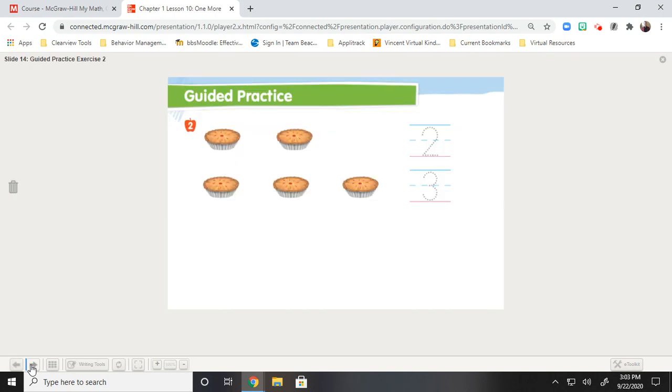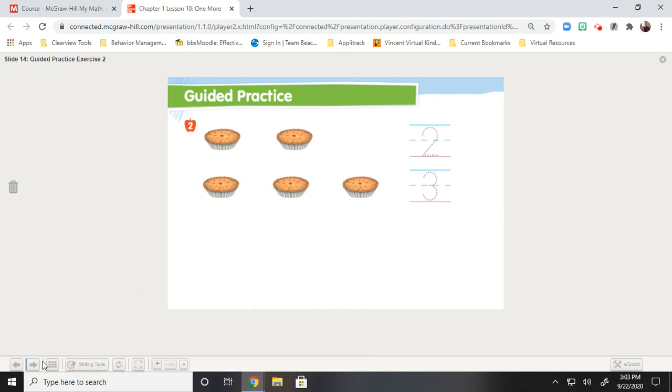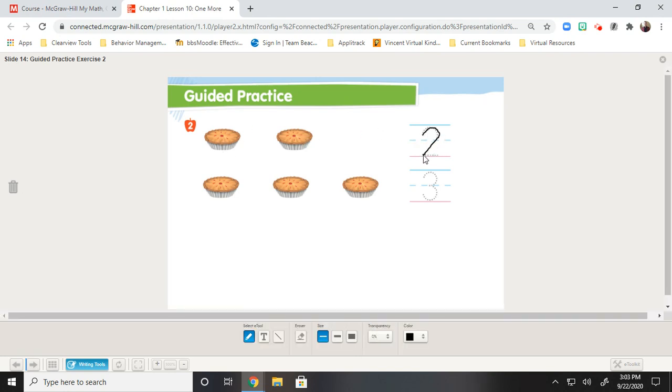Let's give it another go. We're going to try with the pies this time. So I know the numbers are already there. Well, that's helpful, but soon there's not going to be any more. But let's just go ahead and get this completed. So I'm going to count 1, 2 pies. Curve on down and slide to the right. I am number 2. And now I'm going to count the group on the bottom. 1, 2, 3.